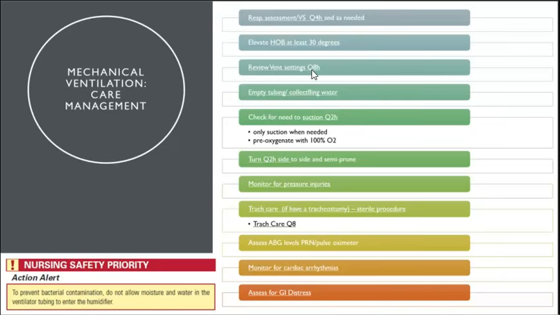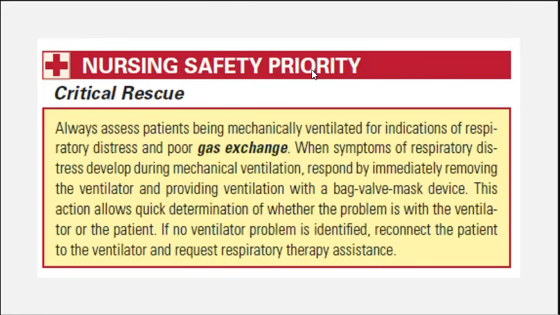Assess ABG levels. Make sure you have a pulse oximeter on the patient. Monitor for cardiac arrhythmias, and assess for GI distress. To prevent bacterial contamination, do not allow moisture and water in the ventilator tubing. This is why we have to empty it.